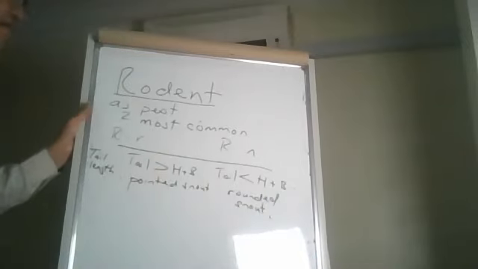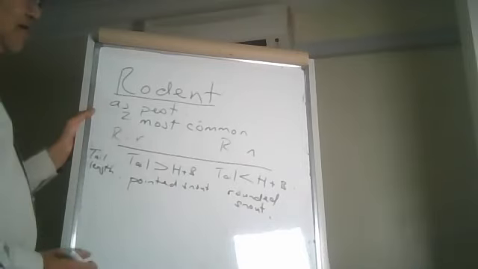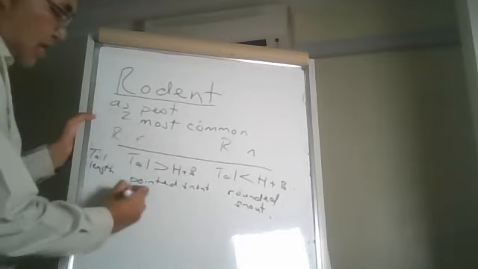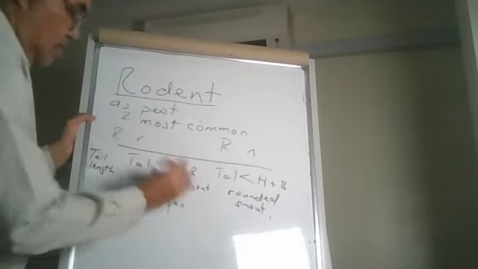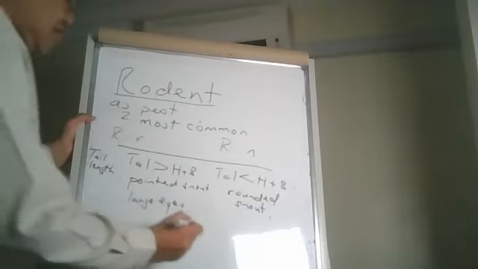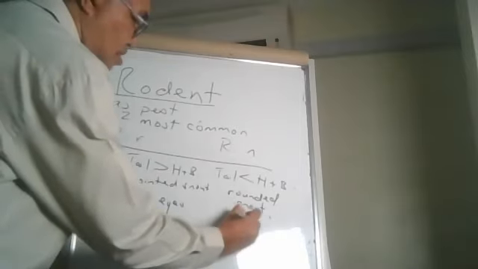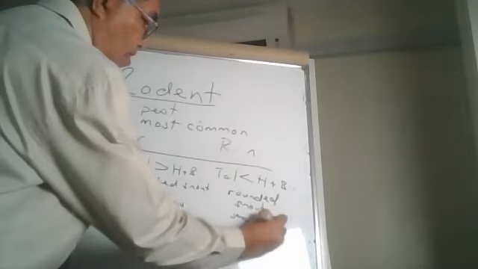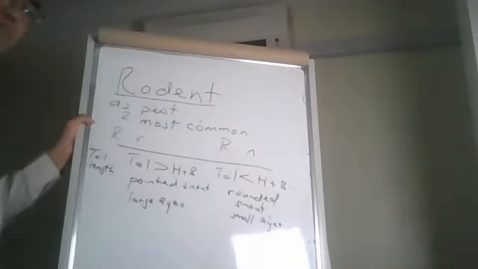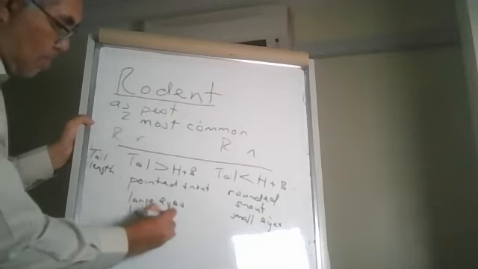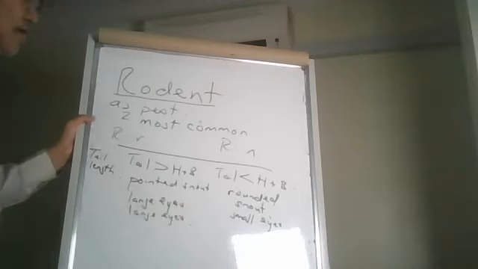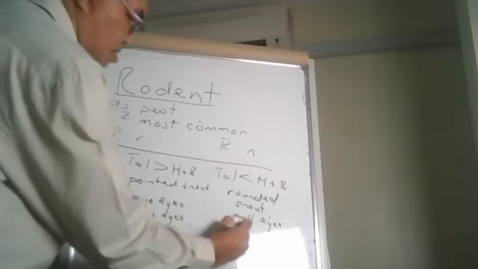Okay. And then when you look at the eyes, Rattus rattus has large eyes, and Rattus norvegicus has small beady eyes, mata kecil. And this one has large ears as well. This one has smaller ears.